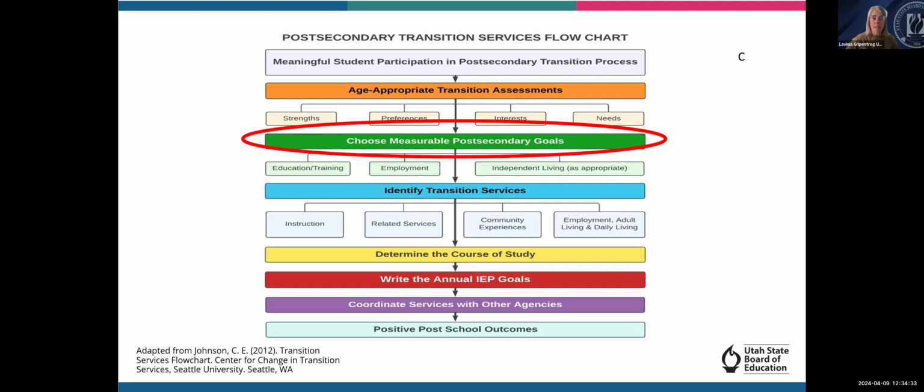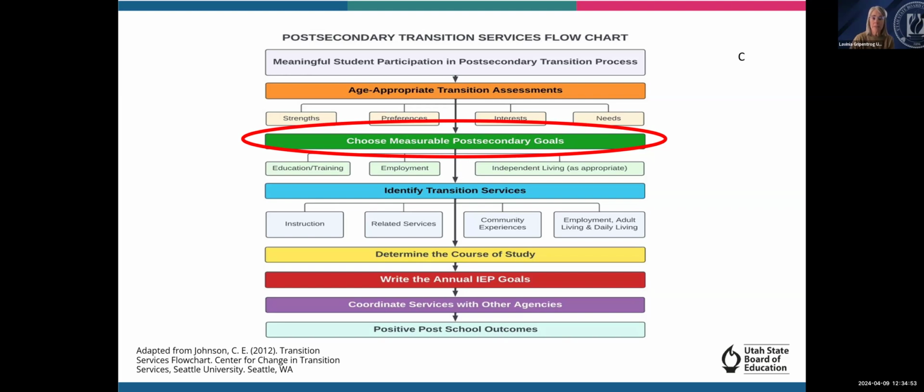We have to outline what courses the student will take to help support those postsecondary goals. Then we'll get into annual IEP goal writing. And the purple part here on the flow chart is that really important coordination with outside agencies. We talked a lot about this collaboration with outside agencies a few weeks back.